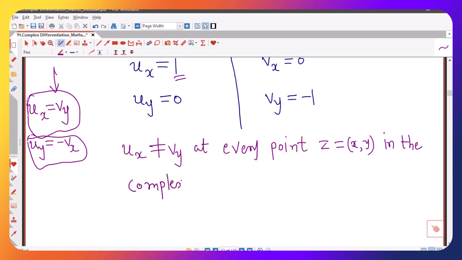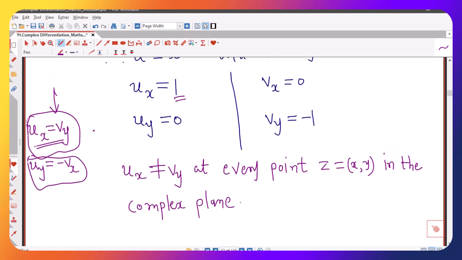We can say that del u by del x equal to del v by del y is not satisfied at any point in the complex plane. And we don't have to check for second equation, because for differentiability we require that both Cauchy-Riemann equations are satisfied at a point.